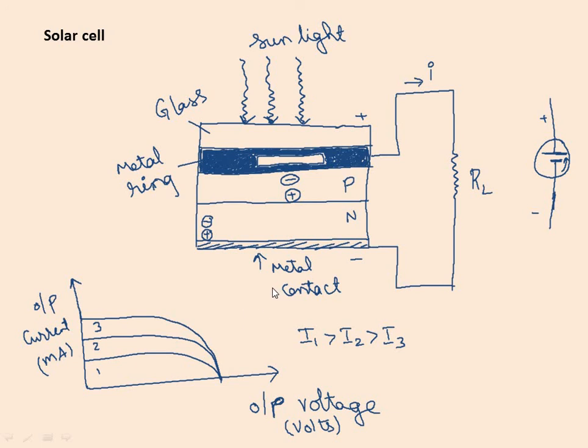On a large scale it is okay, but for small devices the output voltage is very small. Nowadays, as I told you, solar lamps are being used, with LEDs connected to solar cells. As LEDs use minimum power and very little voltage, solar cells are very effectively used in that case.